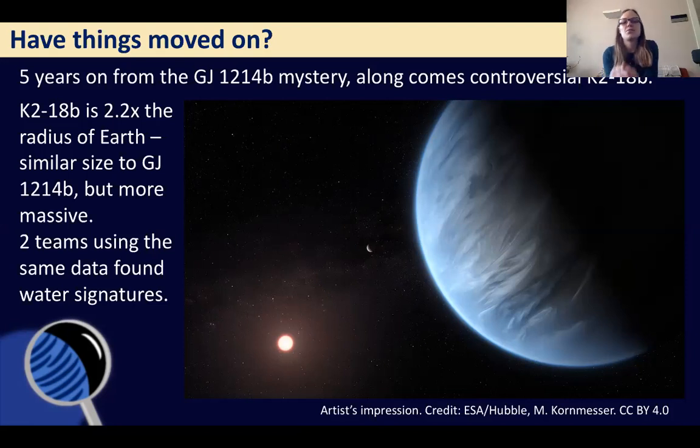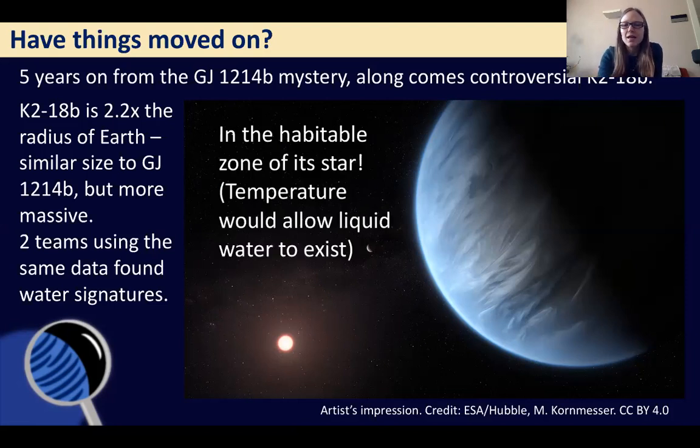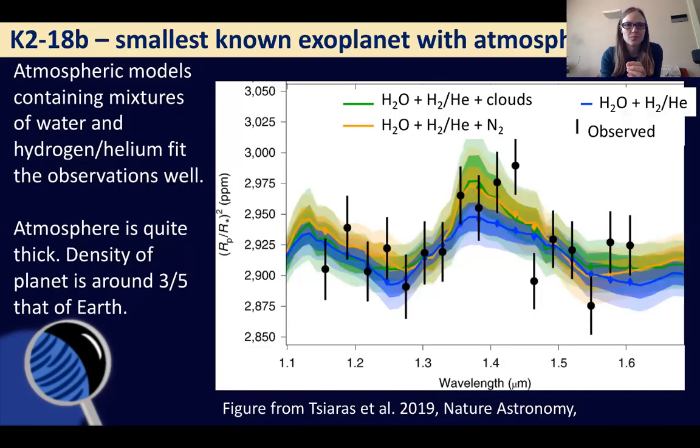And two teams using the same data both found that there were signatures of water vapor in the atmosphere of this planet. And what's more, this planet is in what we think of as the liquid water habitable zone of its star. So the temperature that we estimate for this planet would allow liquid water to exist. So this made K218b the smallest known exoplanet with atmospheric water.